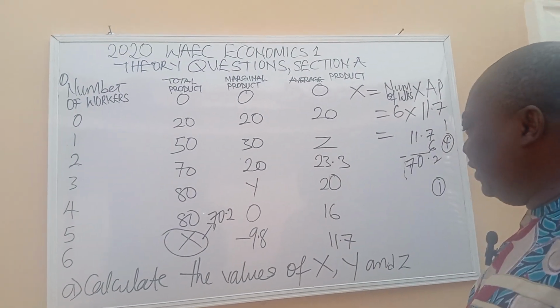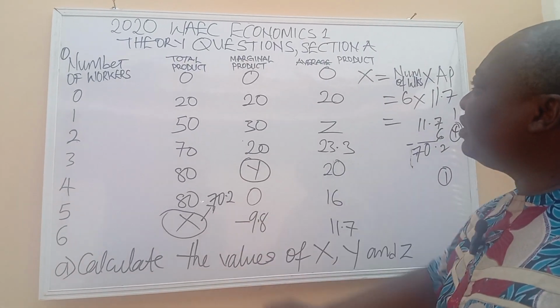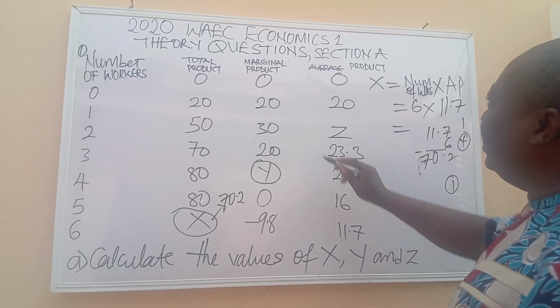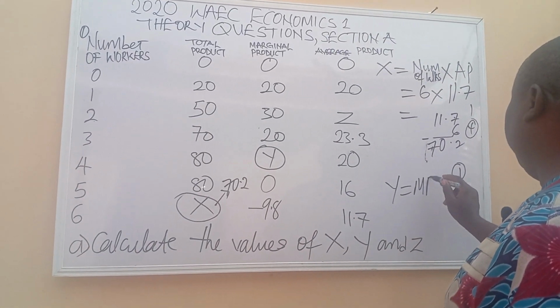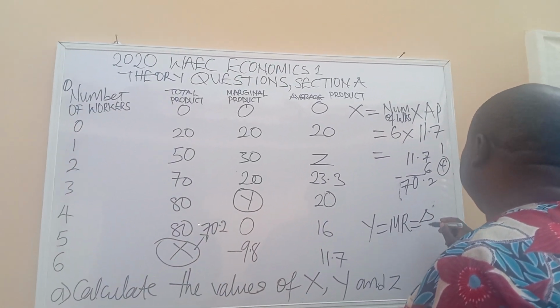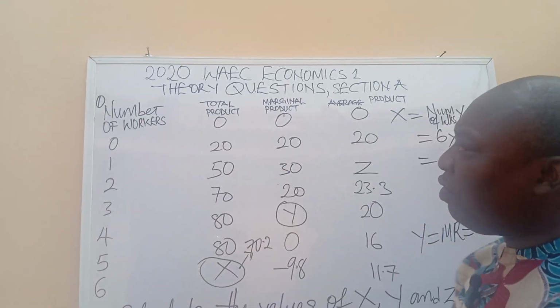Then how do we get Y? This is marginal product. Y is marginal product. How do we get that? It is change in total product over change in number of workers.